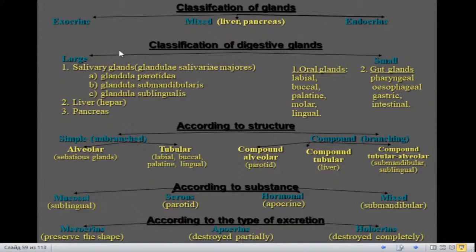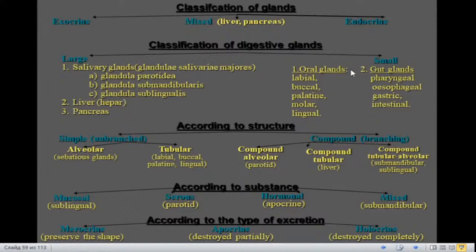Digestive glands, in turn, can be classified into large and small. Large, I said, are three salivary glands: parotid, submandibular, and sublingual. And also large glands are the liver and pancreas, which are developing from the midgut.